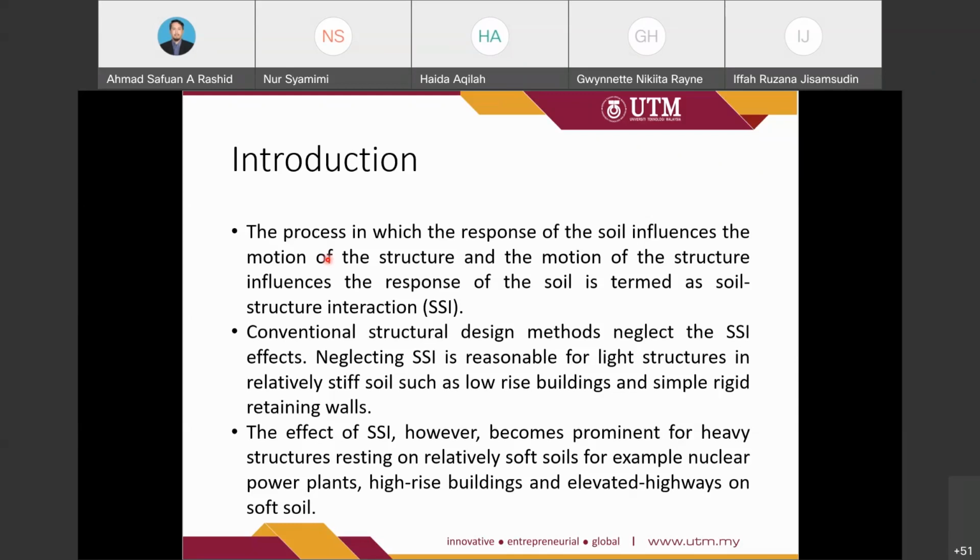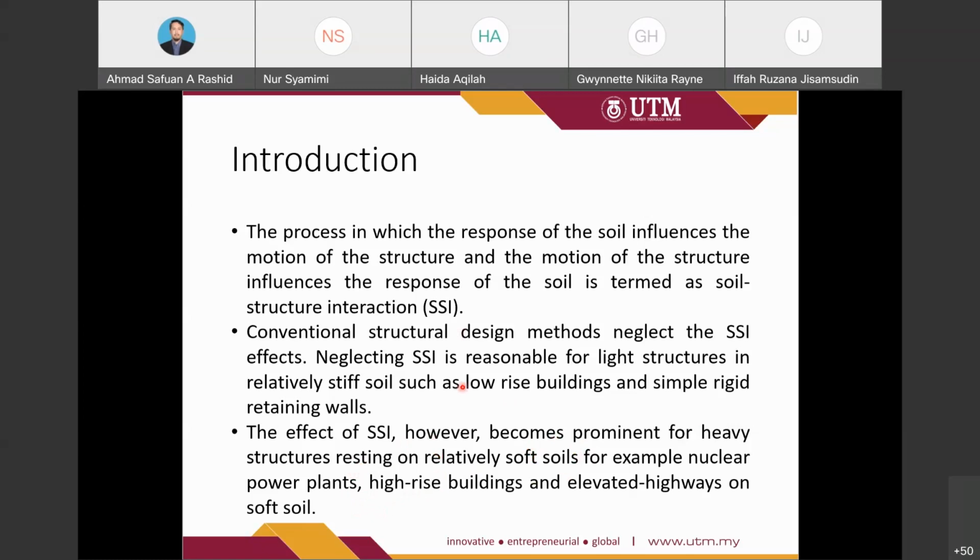So here we have two conditions. First, the building load is very high, or the building is very high, and the second is that the soil is very soft, so it can contribute to the failure of both the building and the soil.